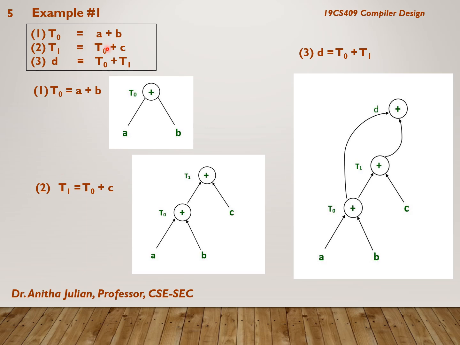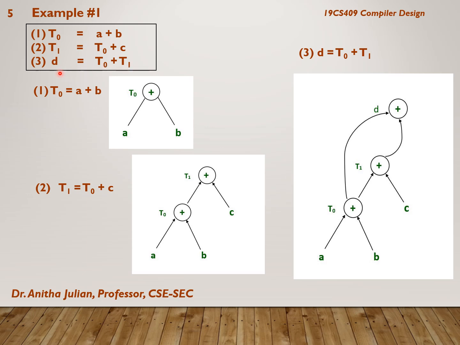Yes, so we have an expression D equal to A plus B plus C. So that can be split as three statements when I am writing the three address code. So first of all, we are evaluating A plus B as T0, and then that value is added to C, that becomes T1, and both the additions are assigned to D.